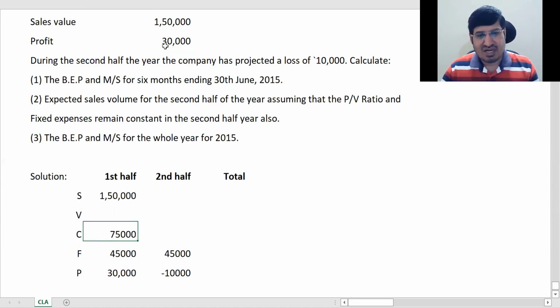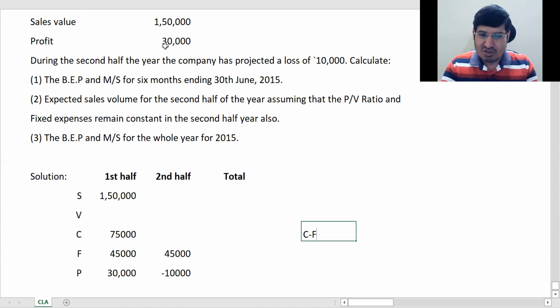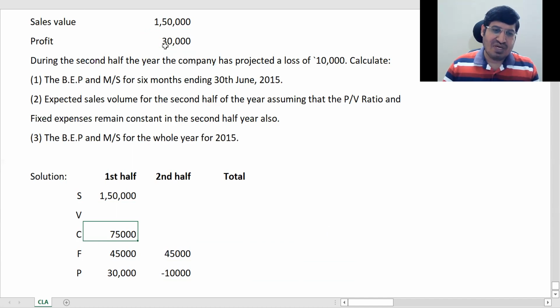Understood this one, right? Because C minus F is equal to profit, so C will be equal to F plus P. If you add F and P you will get this. Now this is 75, this is 150, so this will also be 75, correct?